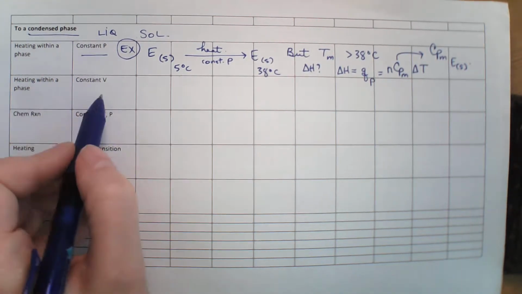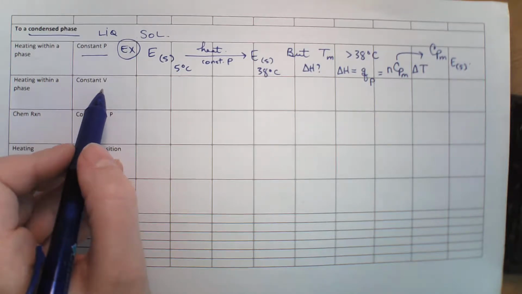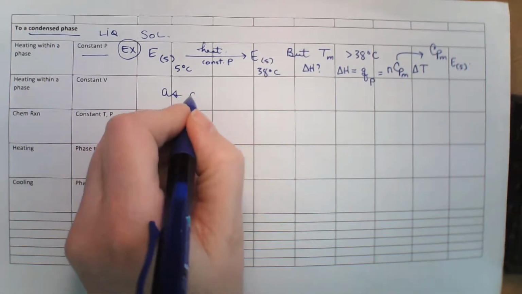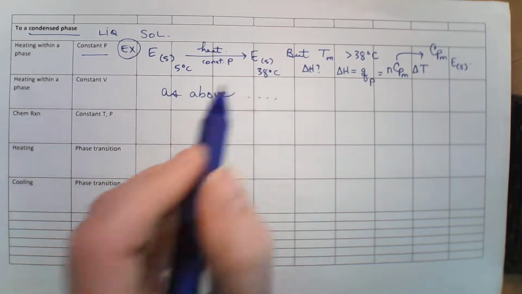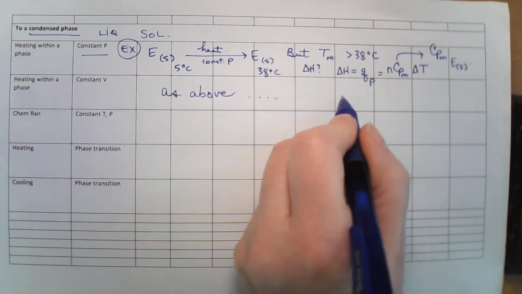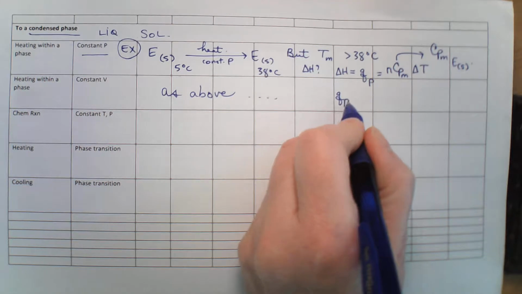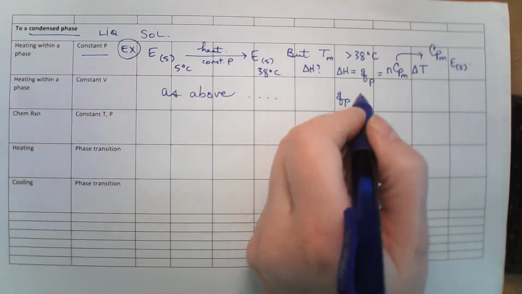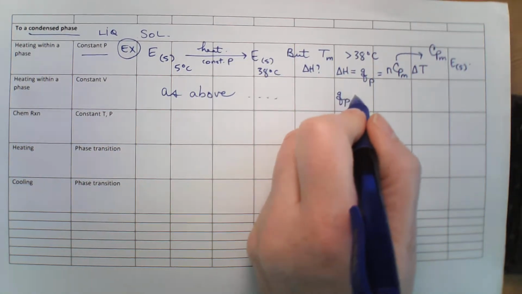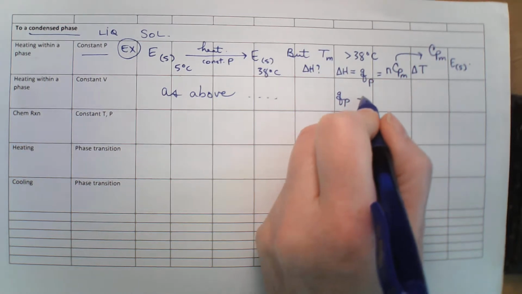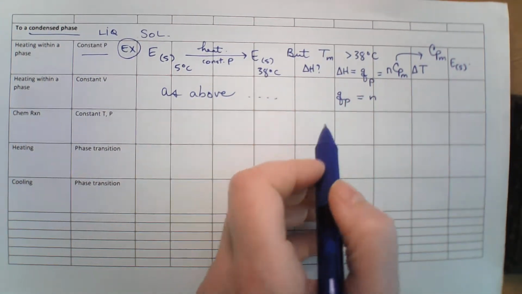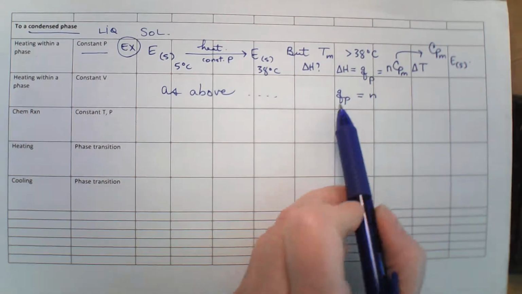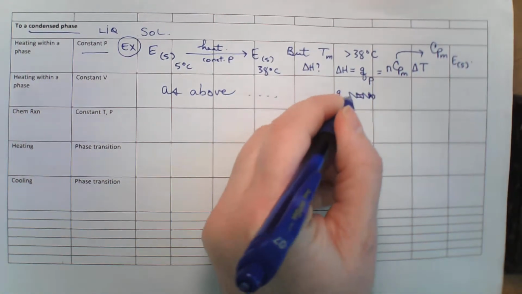And if I'm doing it at a constant volume, it's really as above, except, and you guessed it, that Q sub V for constant volume is equal to n, constant volume, sorry. Let me just scratch this for a second.